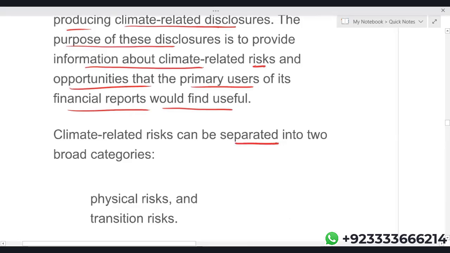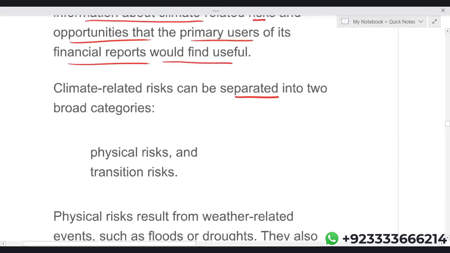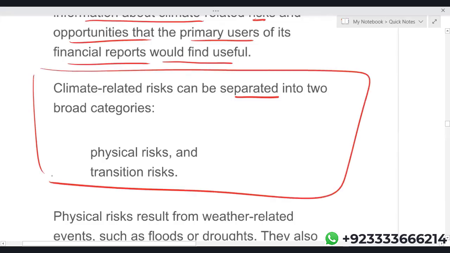Climate-related risk can be separated into two broad categories. Please, students, you should memorize this. Climate-related risk can be separated into two broad categories. One is physical risk. Obviously, if you're just doing the business and you have no idea about the climate-related risk, then you will suffer great consequences, like flood and other things.